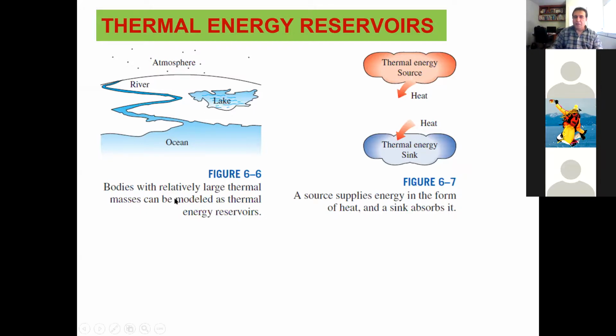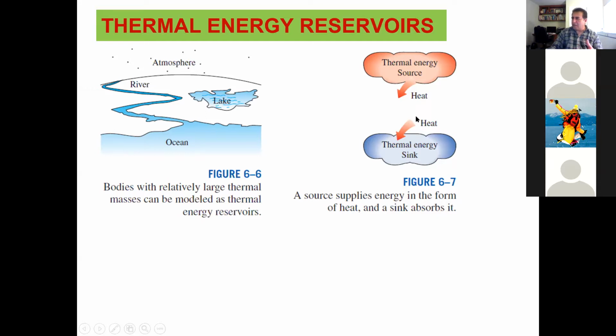So bodies with relatively large thermal masses can be modeled as thermal energy reservoirs. It's like a heat sink reservoir. So thermal energy comes from the hot environment, and then we just sink it to a cooler environment. A source supplies energy in the form of heat and a sink absorbs it.